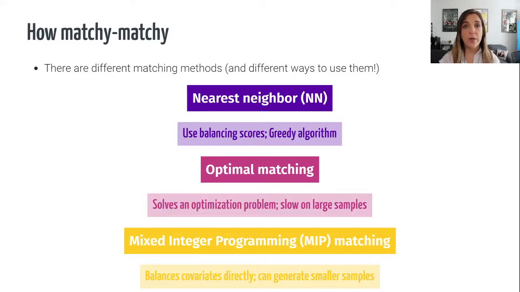So you want to match units more closely, for instance, and you're not just balancing one score in expectation. It can generate smaller samples, but also, especially in the new developments, one of the advantages is that it works much faster, for instance, than optimal matching. And even with very large samples, you can actually get a very well-balanced group.